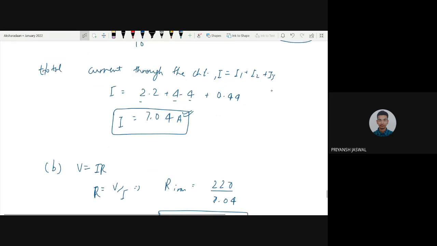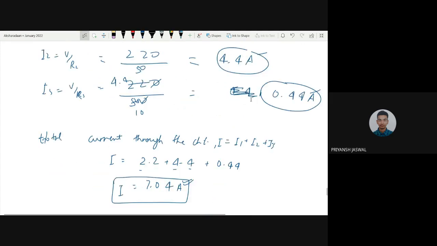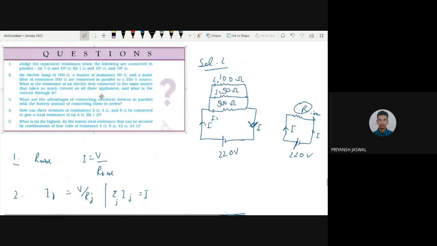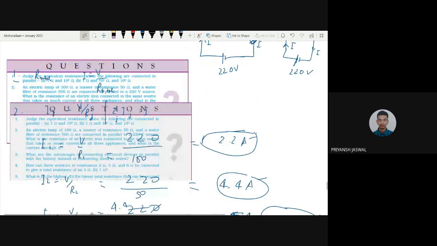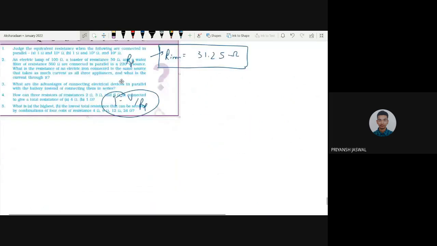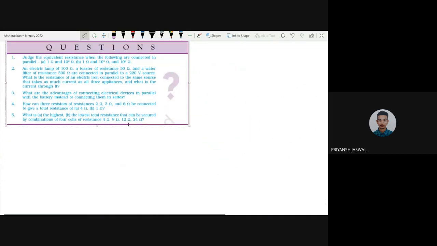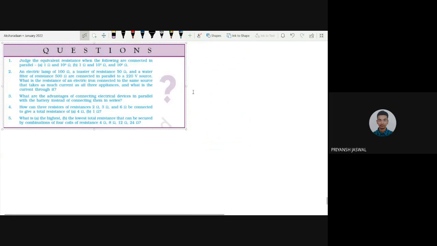Same problem, two ways to do it. First is done, second is done.